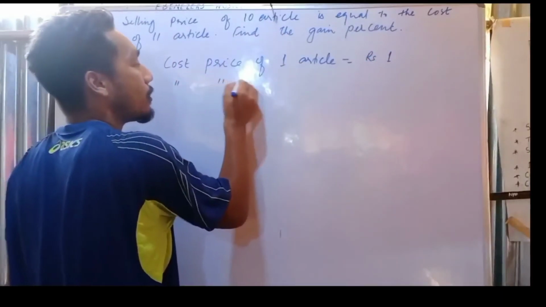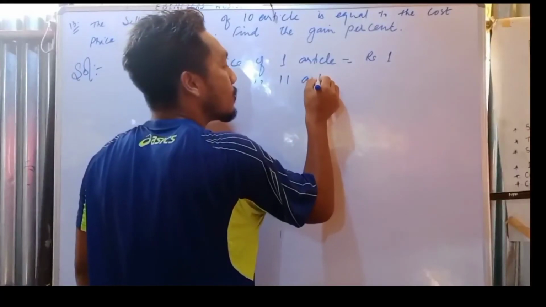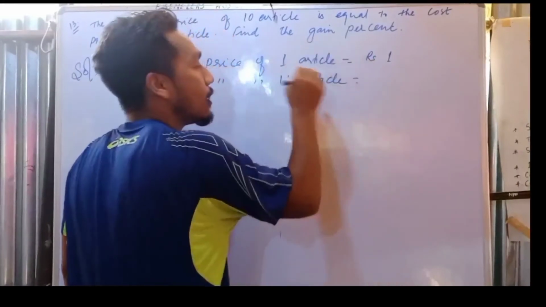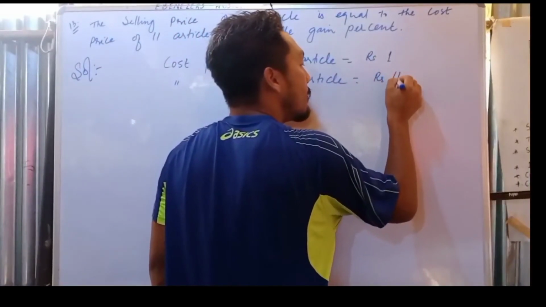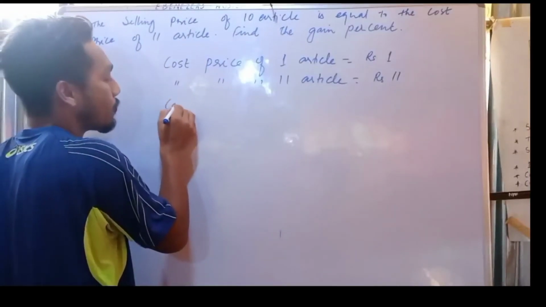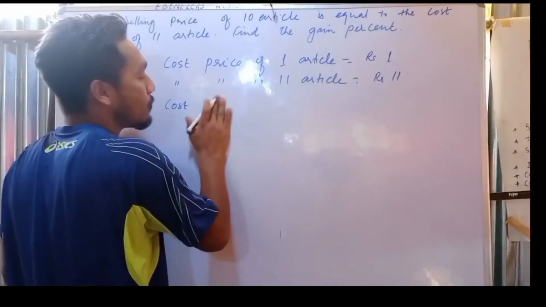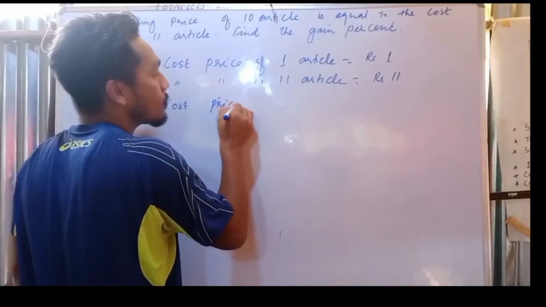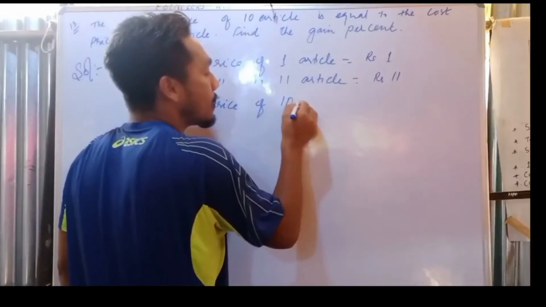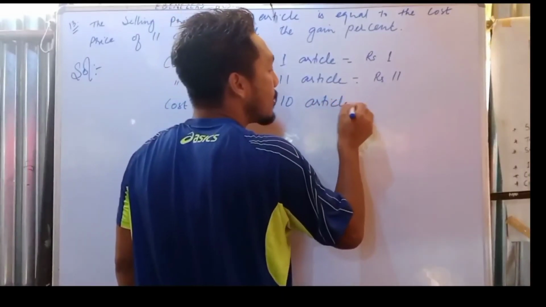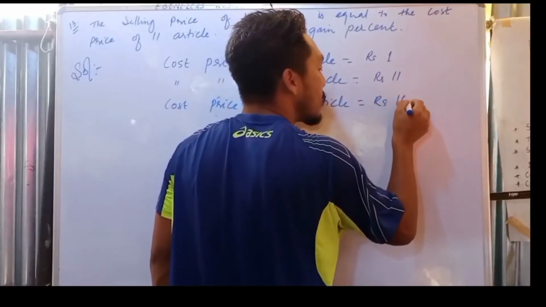Then the cost price of 11 articles will be rupees 11, and the cost price of 10 articles will be rupees 10.